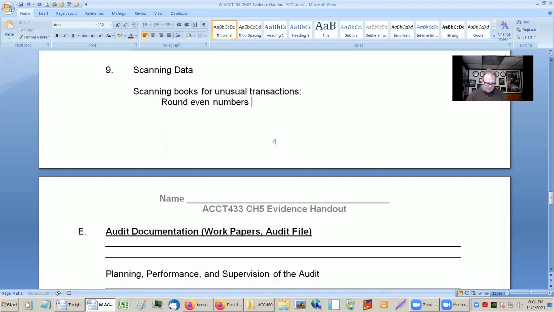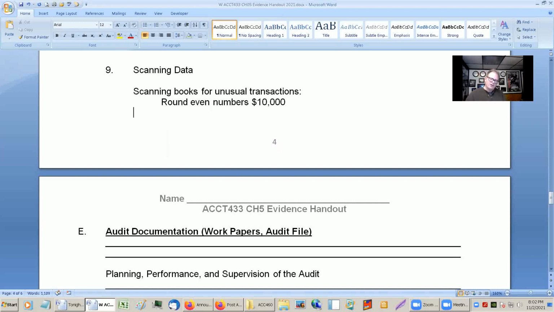Round even numbers. A lot of times you see numbers like 10,000 even. Most business transactions are not done in big round numbers like that. Loans are not done in big round numbers like that usually. Nothing is done in big round numbers. So look for big round numbers is one of the things you look for.